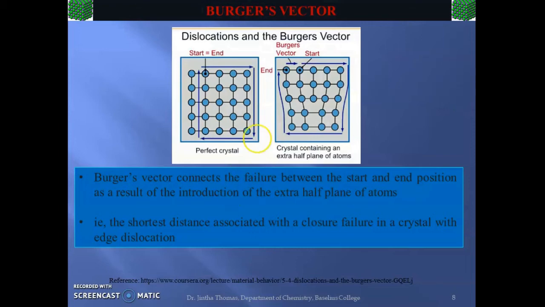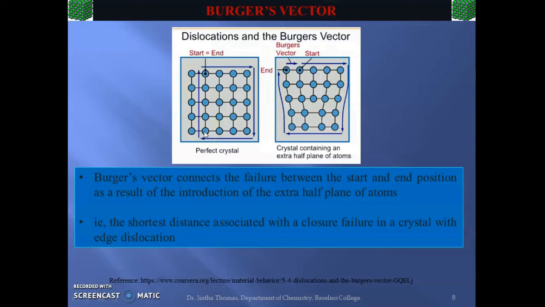So, let us consider this case. First of all, let us start drawing the Burger's circuit in the case of this perfect crystalline packing. Again, we are starting here from the starting point. We are moving to the right by 4 atom positions, then going down by 5 atom positions, then again to the left by 4 atom positions.